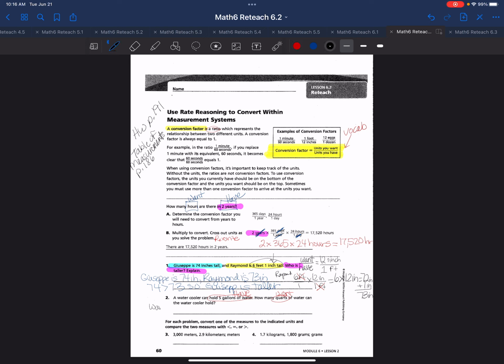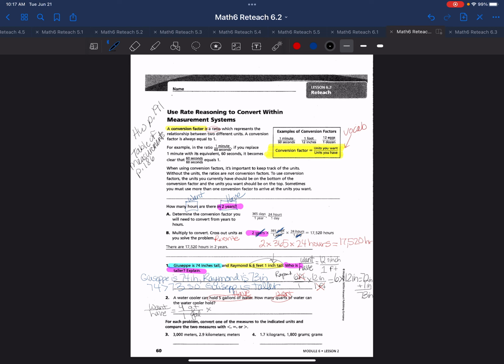So I have want over what I have. So what I want is quarts. Abbreviation for that is QT over gallons. And I know there is 4 quarts to 1 gallon by looking again on that table of measurements on page 186.